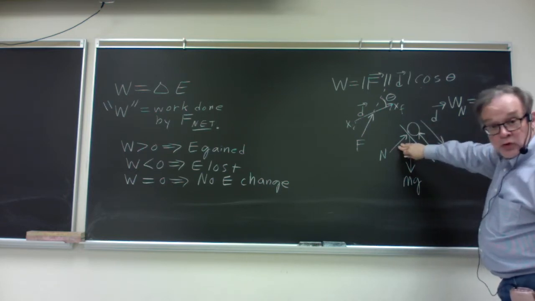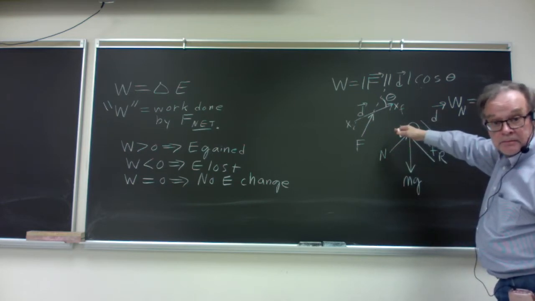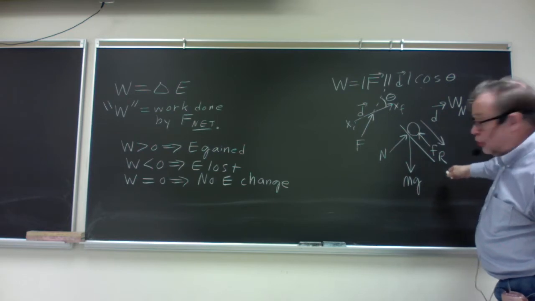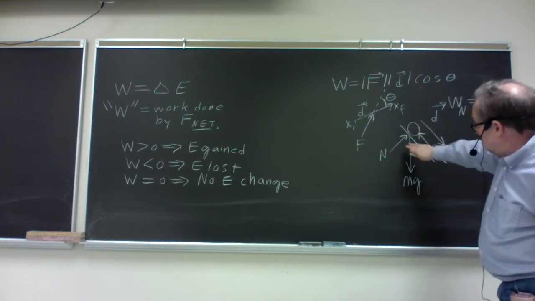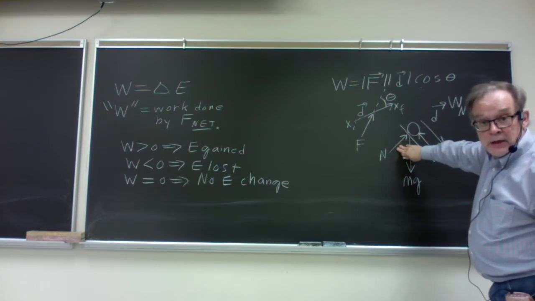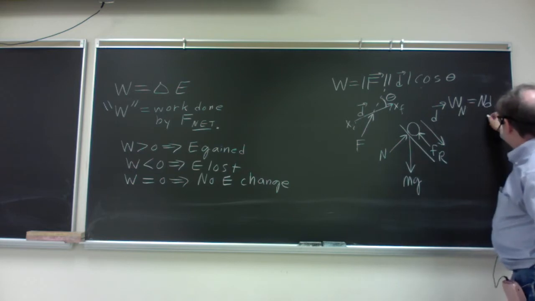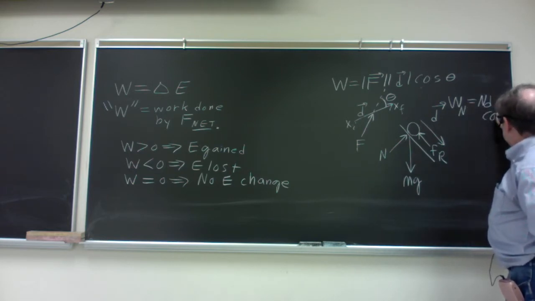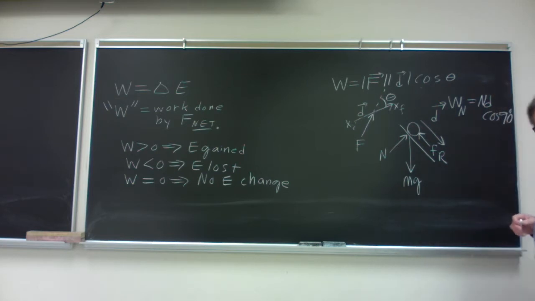The normal force is perpendicular to the hill. If the displacement points along, parallel to this surface, and the normal force, like any normal force, points perpendicular to the surface, so that cosine factor is cosine of 90 degrees.